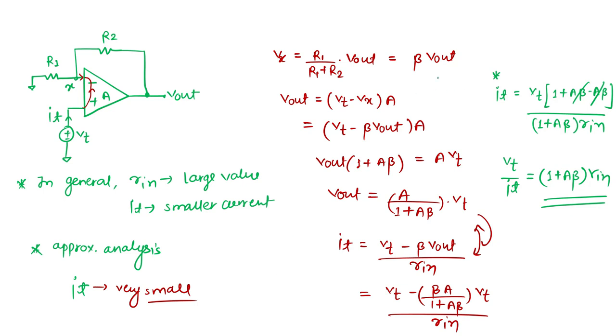I am considering that voltage division is still applicable at node X, so my Vx is coming as beta V out. Because for this structure, when voltage mixing is happening, or in general for a negative feedback amplifier, the input impedance of the entire structure comes to be 1 plus A beta times Rn.